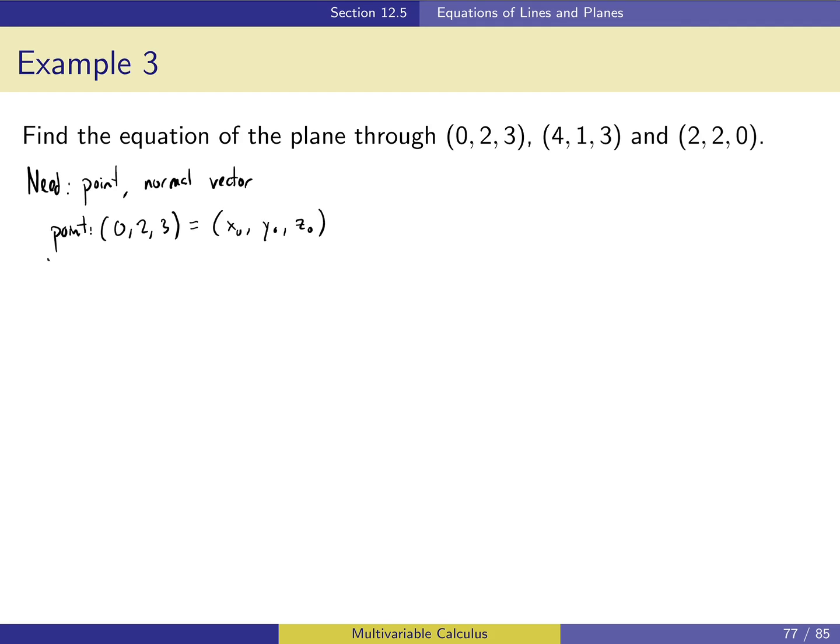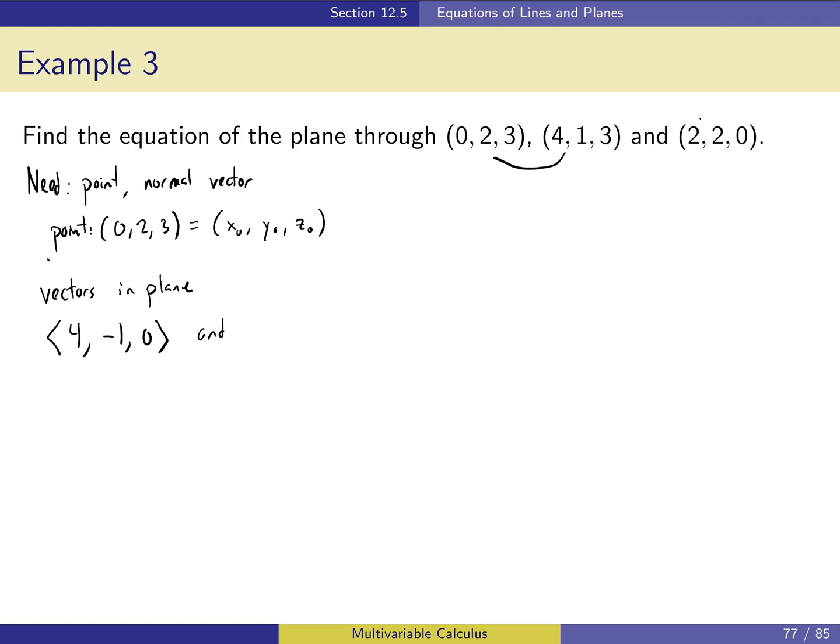For a normal vector, we need something that's going to be perpendicular to every line in the plane. Well, we have a way of finding something that's perpendicular to a given pair of vectors, and that's the cross product. We know we can find two vectors in this plane, by just subtracting the coordinates of these points. So we can have (4, -1, 0), that's between these two.